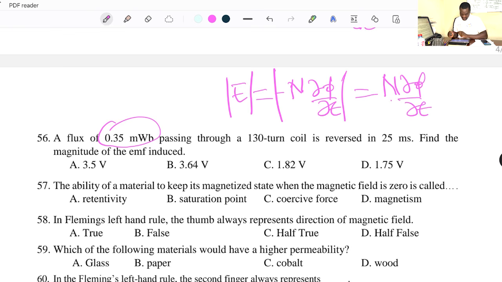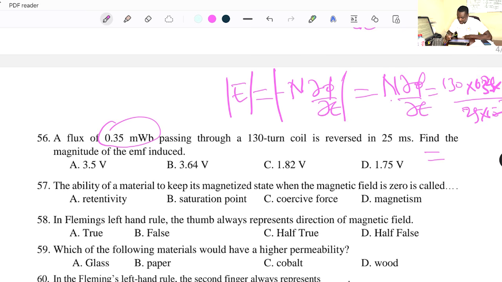Now, the number of turns is given as 130. We have been told the magnetic flux is reversed, so that means we have twice the flux, the total change of magnetic flux. That would be 0.35 times 2, then divided by the time, and this happened within 25 milliseconds, 25 times 10 power minus 3.